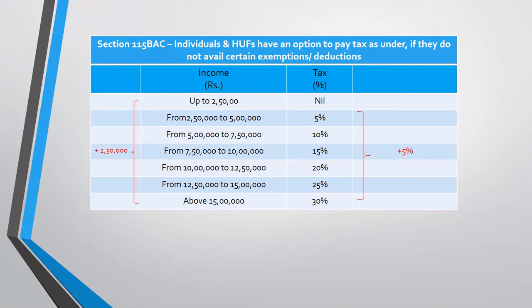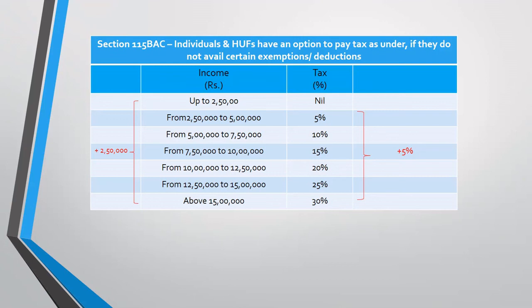So just briefly looking at this, whatever is your total income, without considering certain, or I would say majority of the exemptions and deductions, you will be allowed to consider this option for computing your tax liability.